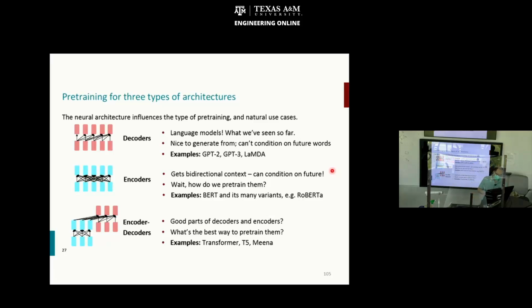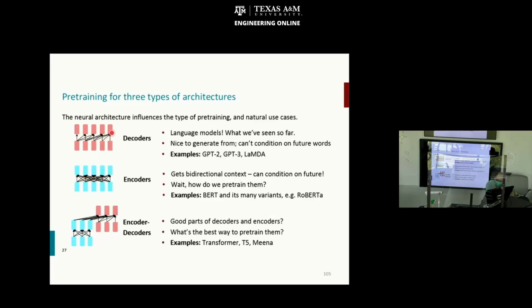Then there's the encoder. I want you to pay attention to the difference between the decoder and encoder through this connectivity between the input and the hidden layers. Did you see that?